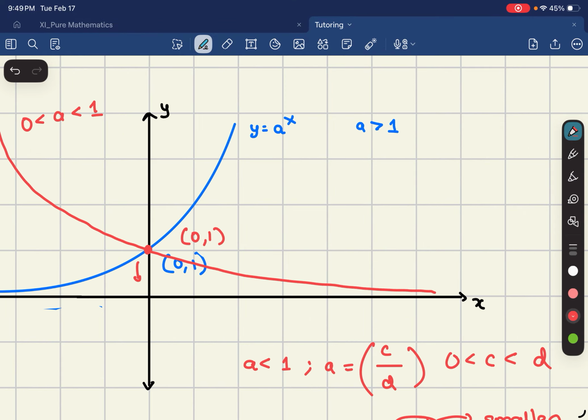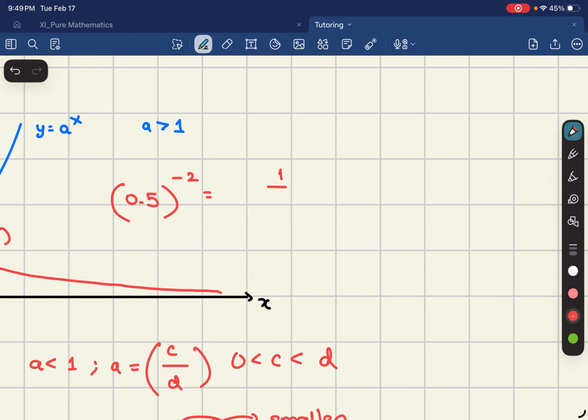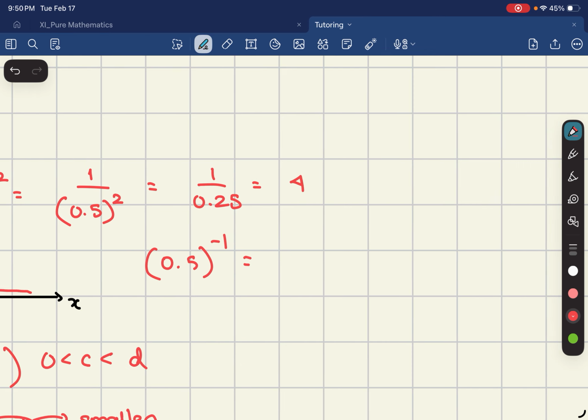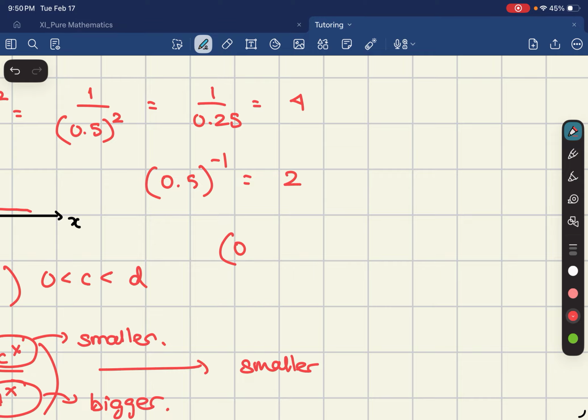Basically, if you have a number like 0.5 and you are raising it to negative 2, then that's 1 over 0.5 to the power positive 2, which is 1 over 0.25, and that is actually equal to 4. 0.5 to the power negative 1 is equal to just 2. 0.5 to the power 0 is equal to 1.